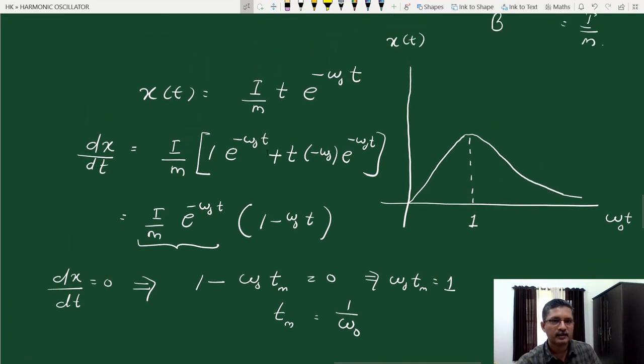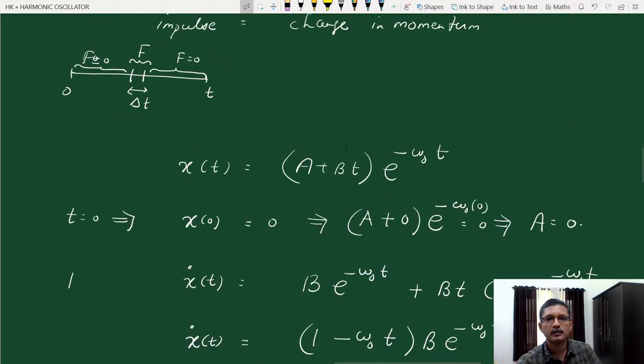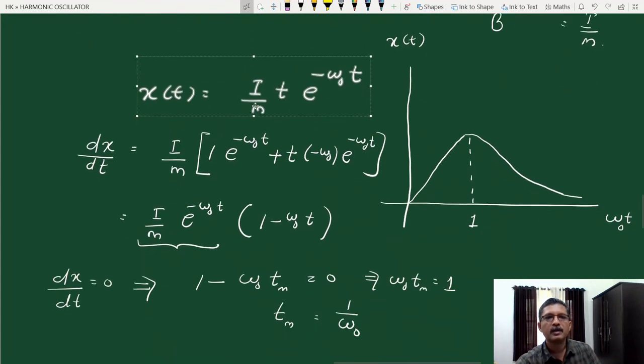You can verify that. This expression will be simply b t e raised to minus omega 0 t when you put a equal to 0. If you take b outside, it will satisfy the same relationship.